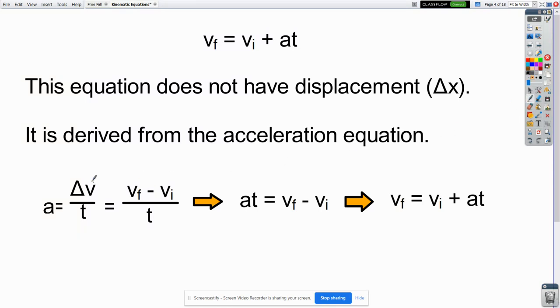This equation right here is the acceleration that I taught you, delta v over t, or change in velocity over time. But we know that change in velocity, delta v, is equal to Vf minus Vi.